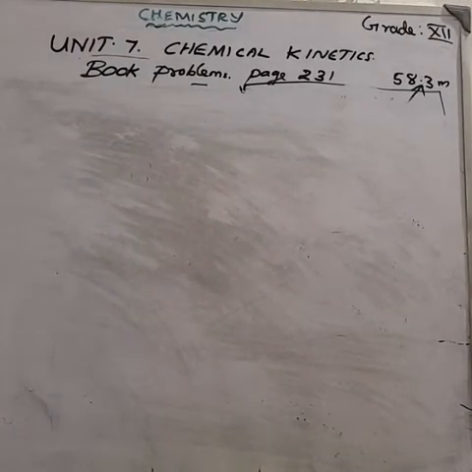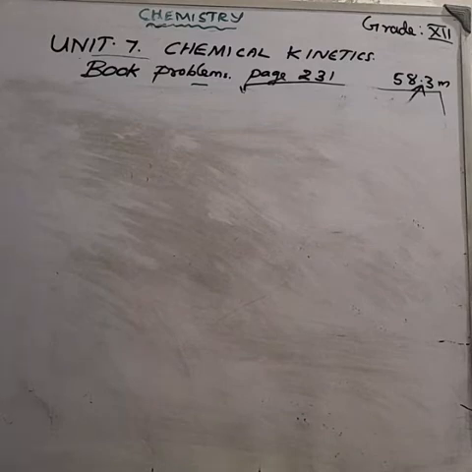Volume V: at 0 minutes it is 46.1, at 10 minutes 29.8, at 20 minutes 19.3. Here T is the time in minutes and V is the volume of the standard potassium permanganate solution required for titrating the same volume of the reaction mixture.